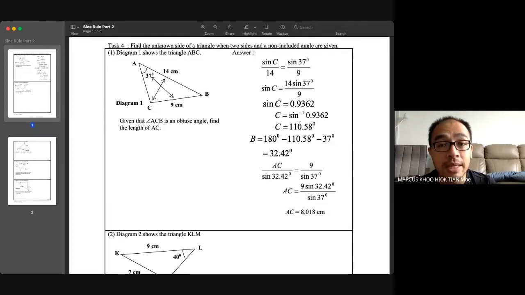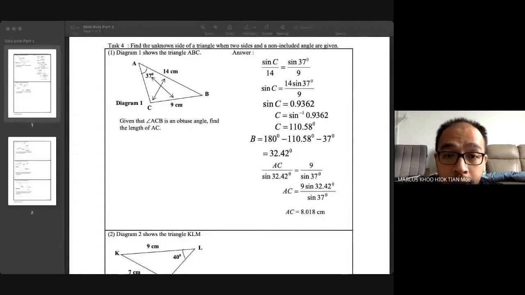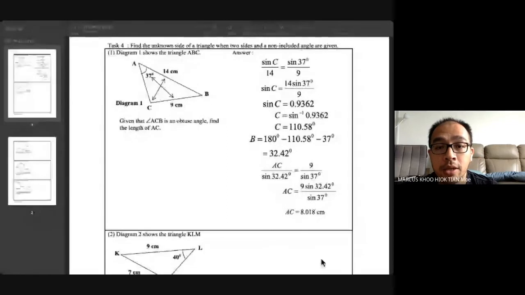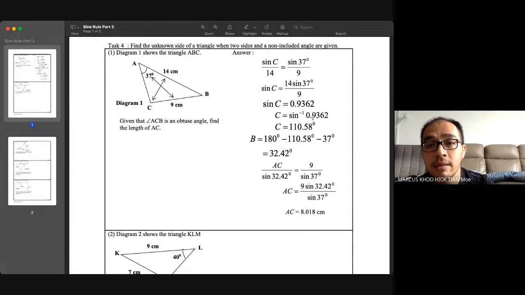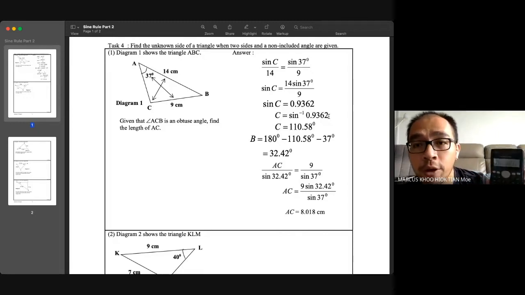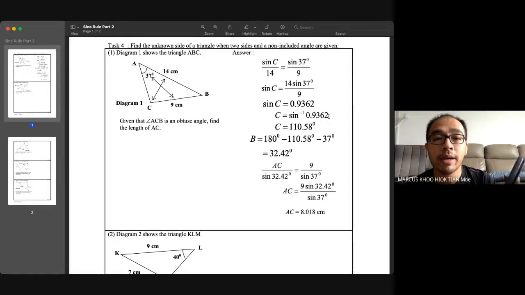Actually, there's a missing step over here. I'm not sure if you can see my mouse. Can you see my mouse? Okay, you try and press shift sine 0.9362, because I'm very sure that some of you are going to ask me this question: how come, sir, I press shift sine 0.9362, my calculator gives me 69.42, but the paper says 110.58?